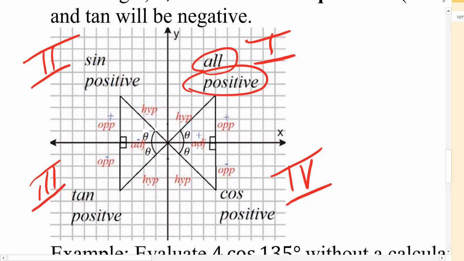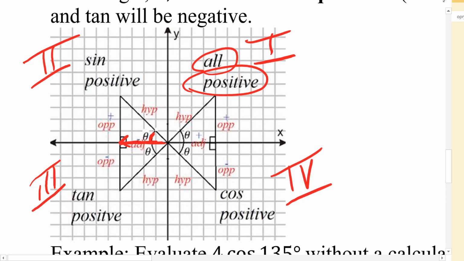In the second quadrant, notice that your adjacent side, adjacent to your angle theta, is going left. So it's actually a negative direction. When you take cosine of theta, adjacent over hypotenuse, you're talking about negative over positive, so cosine ends up being negative.